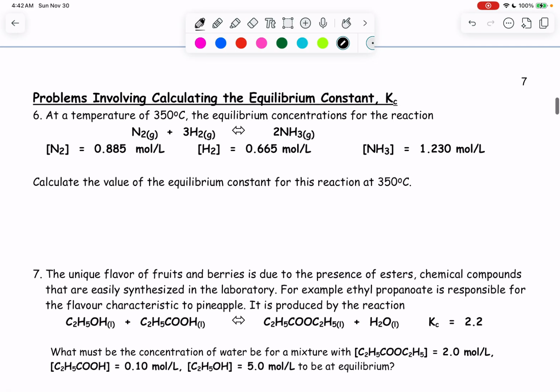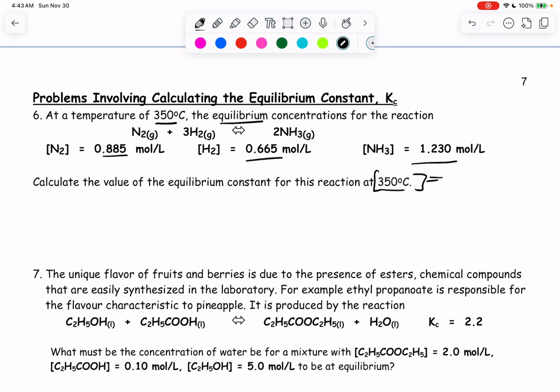We're going to keep going over a few problems here. So this question says, at a temperature of 350 degrees Celsius, the equilibrium concentrations for this reaction are this. Calculate the value of the equilibrium constant for this reaction at 350 degrees Celsius. So remember, you can only calculate equilibrium for specific temperatures.